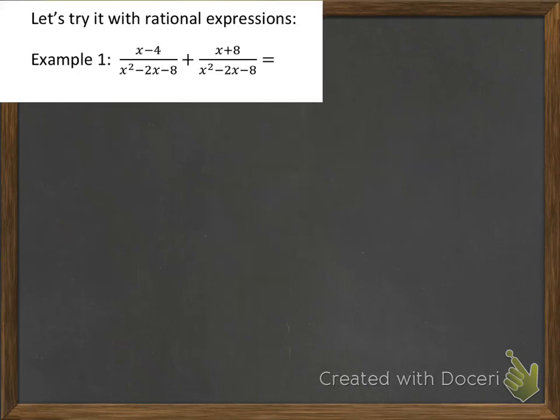Okay? So again, we're going to rewrite this all as a single expression over the same denominator. So we're going to have x minus 4 plus x plus 8, and again, we're going to put it all over the single denominator, which is x squared minus 2x minus 8.